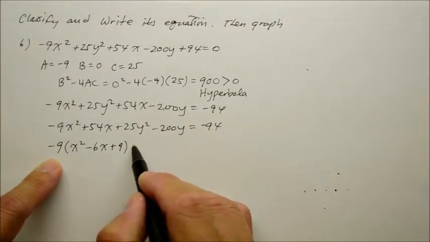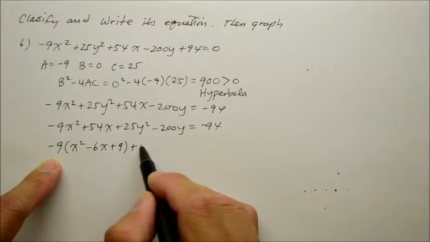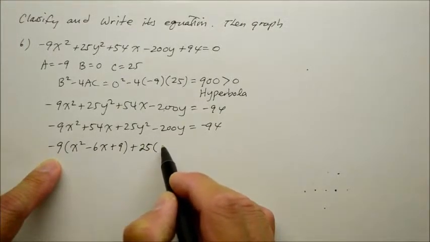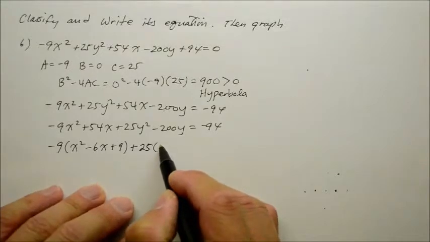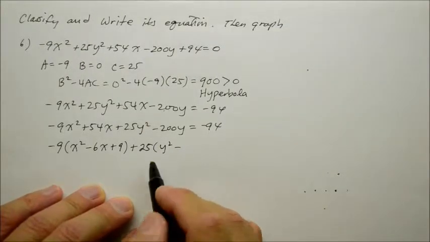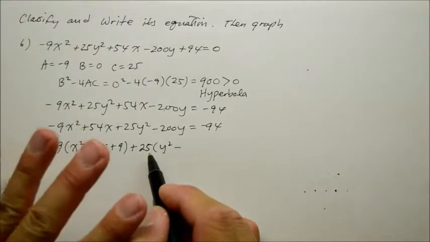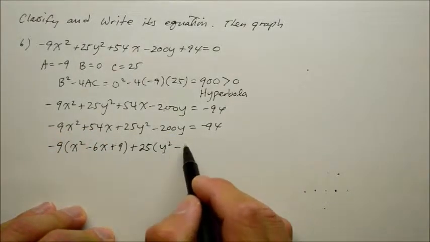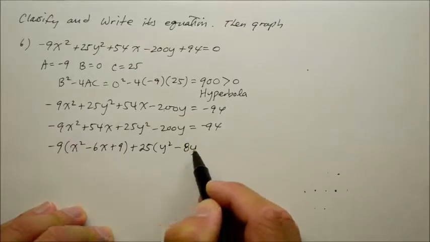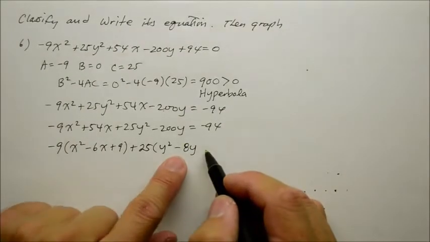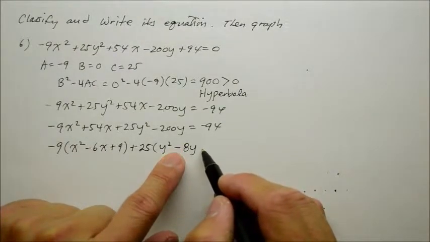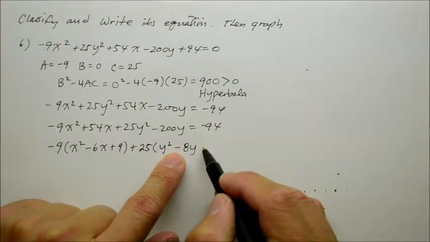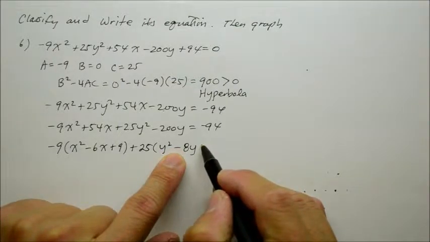Now over here, the leading coefficient 25 gets factored out, so what remains for the y trinomial is y squared minus, well, 25, if I had 4 of them, that's 100. So if I had 8 of them, that'll give me 200. So that becomes 8y. To complete the square for the y trinomial, half of 8 is 4. 4 squared is 16.